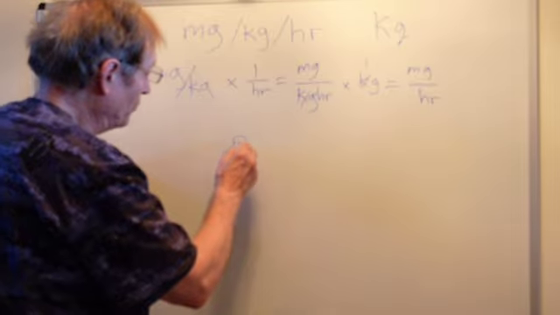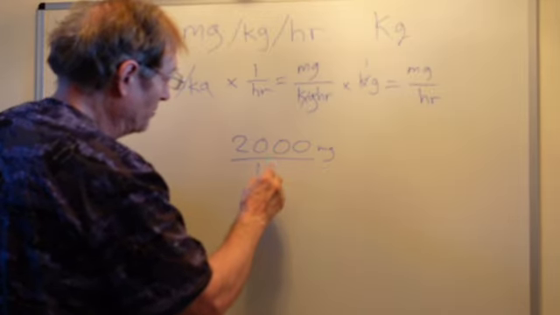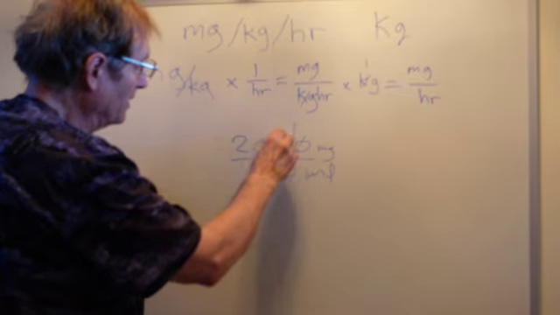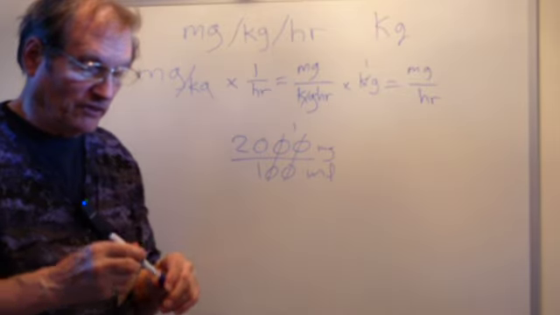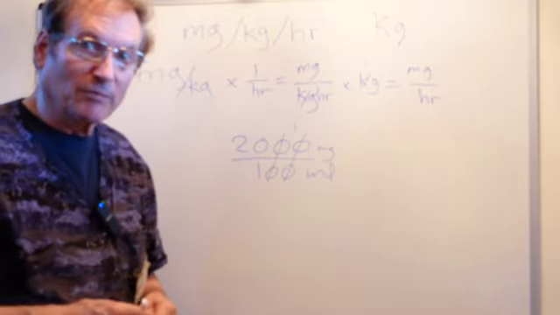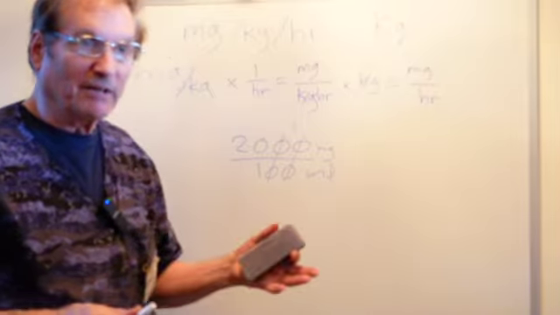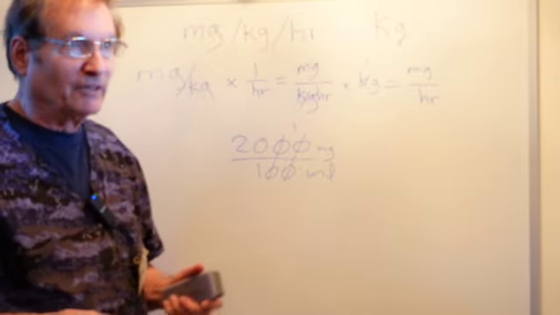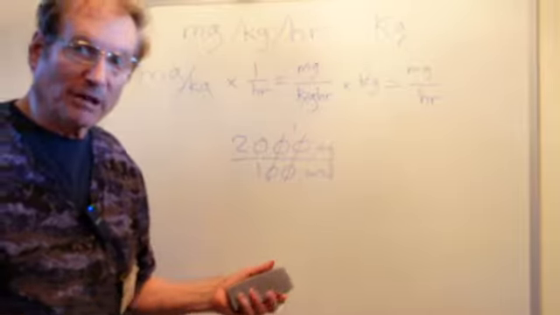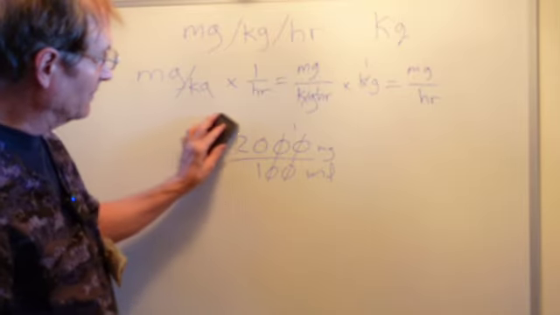So that would be 2,000 milligrams per 100 mils. 100 over 100 equals 1, and it's 20 mgs per mil. It's as if you added a 0 to the percent value. That's the shorthand most of us were taught. But that's why. The medical convention is that 2% means 2 grams per 100 mils, or 2,000 milligrams. So it becomes, add a 0 to the percent value, 20 mgs per mil.